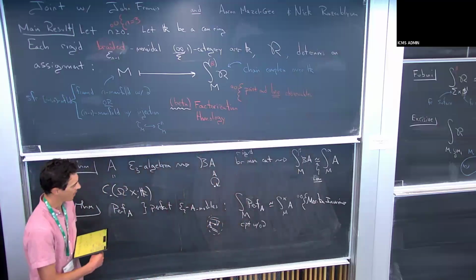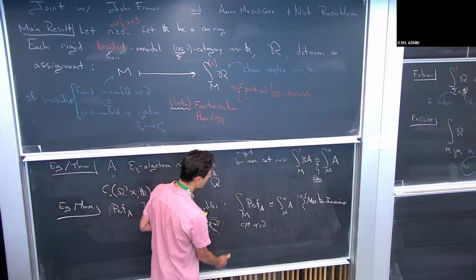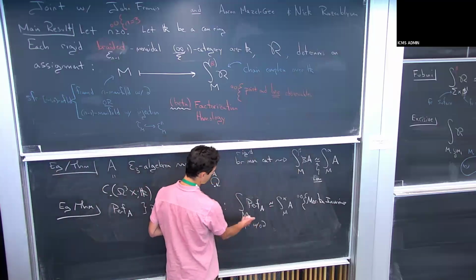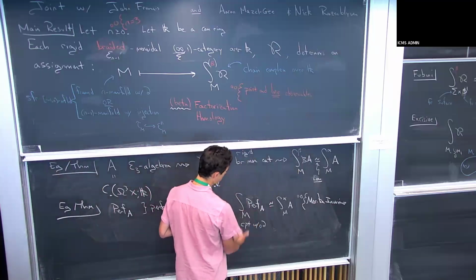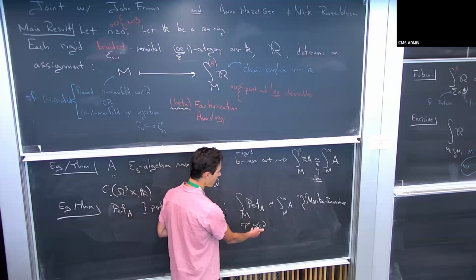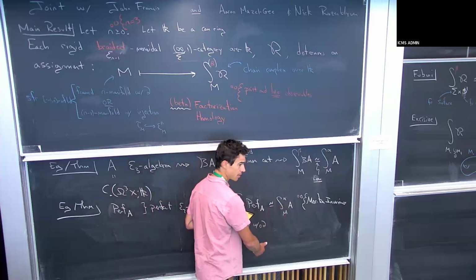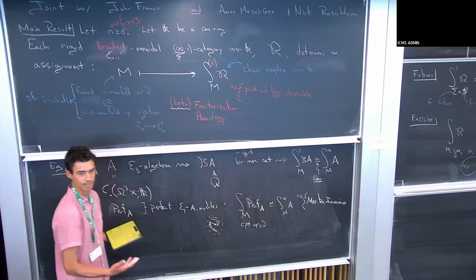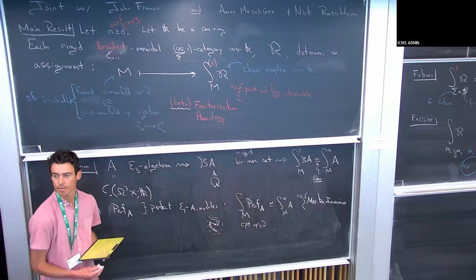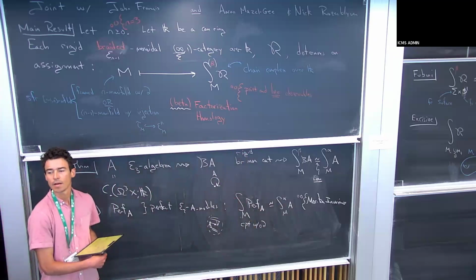I say it that way because in the one-dimensional case, if M is a circle, then the left-hand side turns out to be the Hochschild complex of Perf A, and the right-hand side is the Hochschild complex of A. Those are equivalent. That's the classical Morita invariance of Hochschild homology, and this is an upgrade of that to three dimensions. Perf A is more or less an ind-completion of BA or something like that.